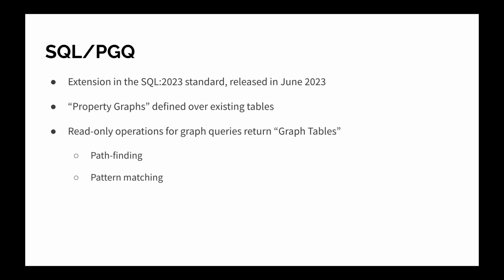But now you can create a new sort of view, which is called the property graph, that says, okay, these tables together, they form a property graph. So you have a view that does not necessarily duplicate the data, but it points to data that you already had in relational tables. But you can now have property graph functionality over it.